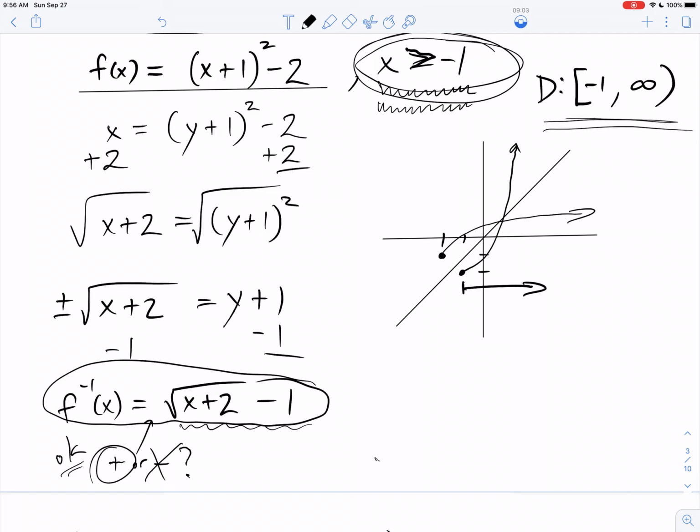Now, what do I know about inverses? This guy down here, this guy's range had better be that. Because if two functions are inverses, one guy's domain is the other guy's range. So let's look at my other one. I'm just going to grab a red pen for a second. Let's look at this guy. He was left 2, down 1.